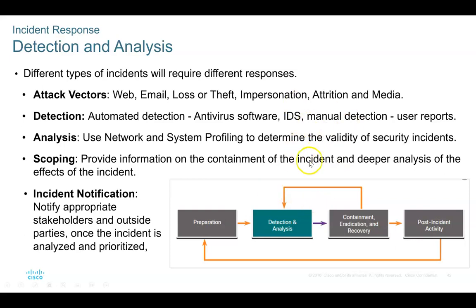This is all in detection and analysis. You provide information on the containment of the incident and deeper analysis effort. And incident notification. Notify the appropriate stakeholders, like the ones we talked about. Whoever you think needs to know about the incident has to know what happened. Okay? So this is in the detection and analysis phase.